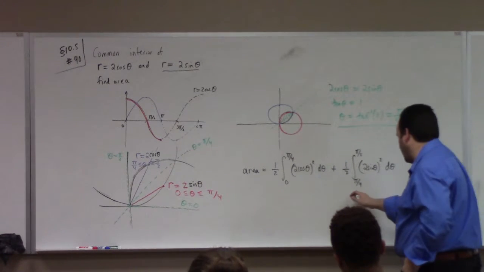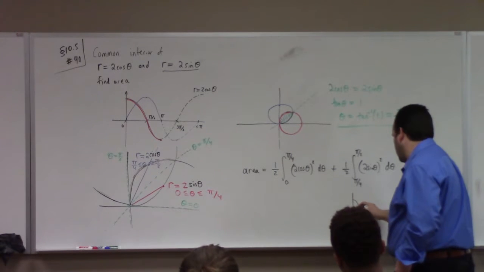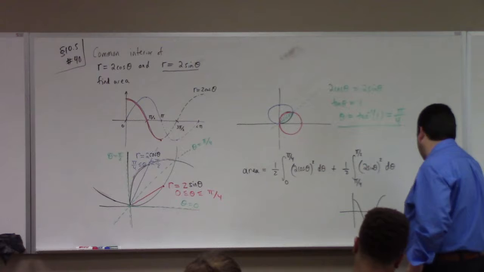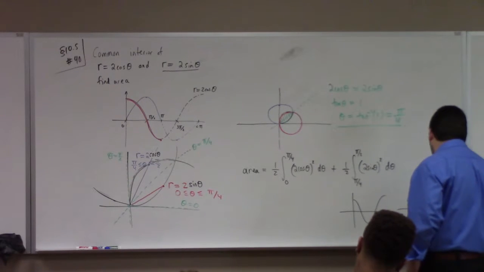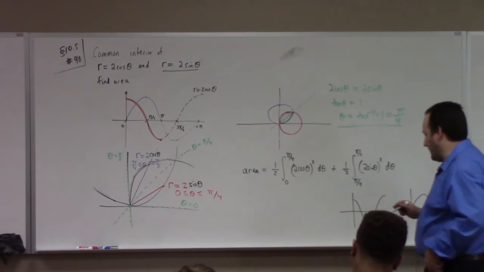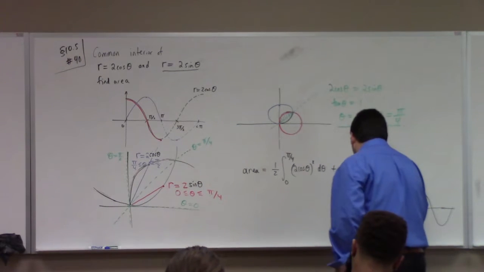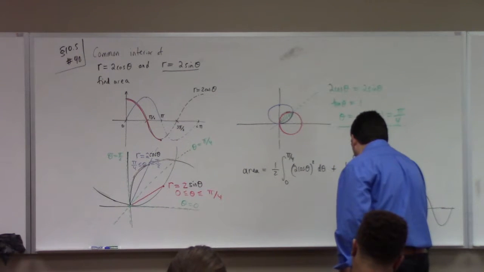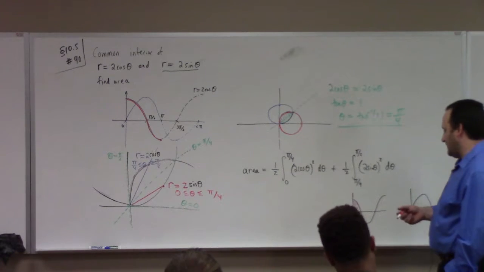Let's see here. If I think about the shape of cosine theta, and the shape of sine theta, and cosine theta from 0 to pi over 4, that's the thing we're squaring and integrating from 0 to pi over 4.